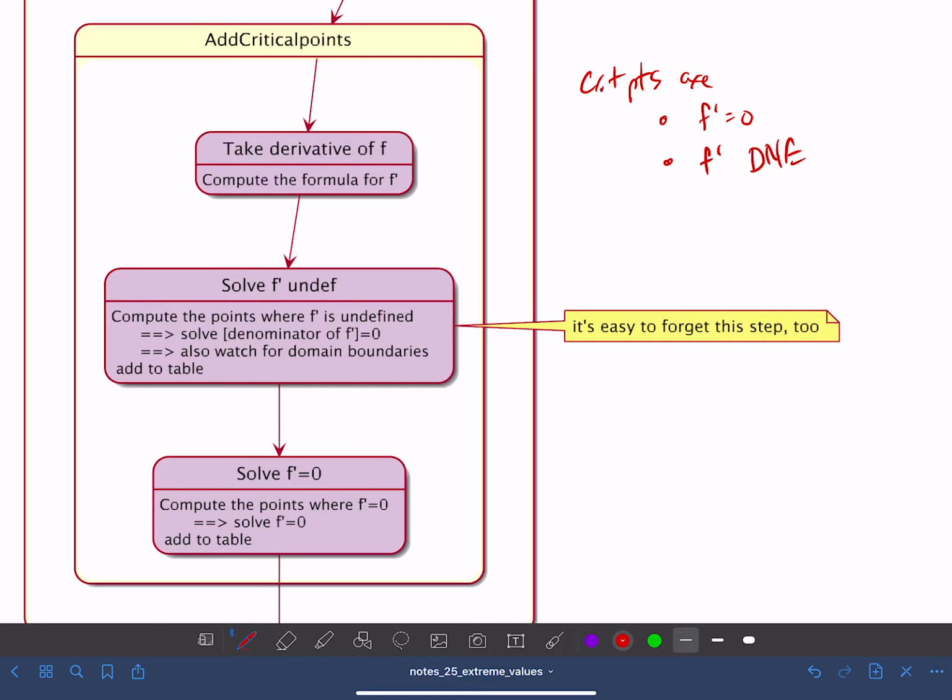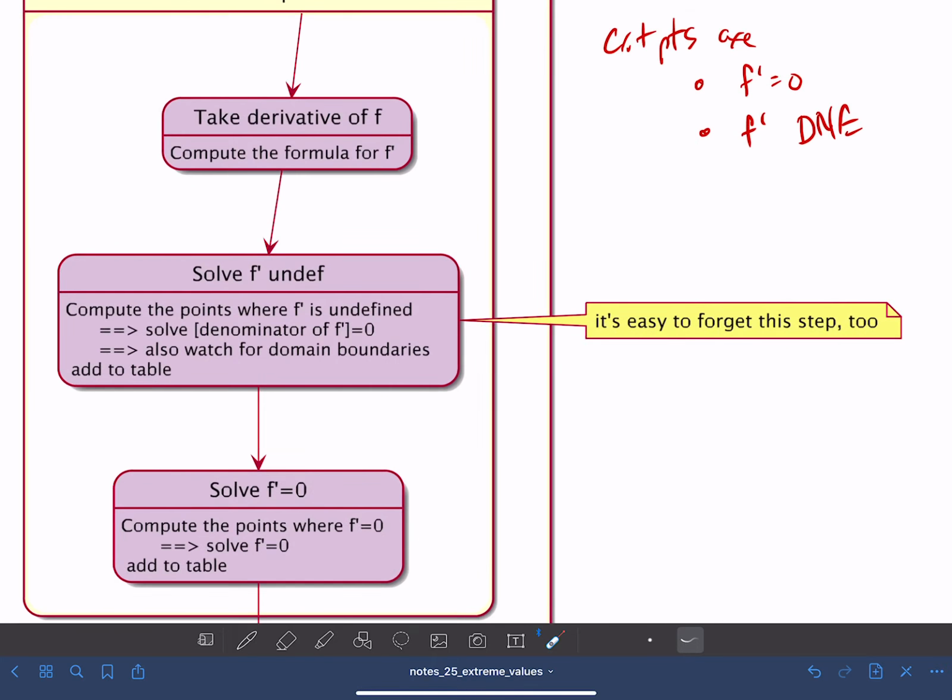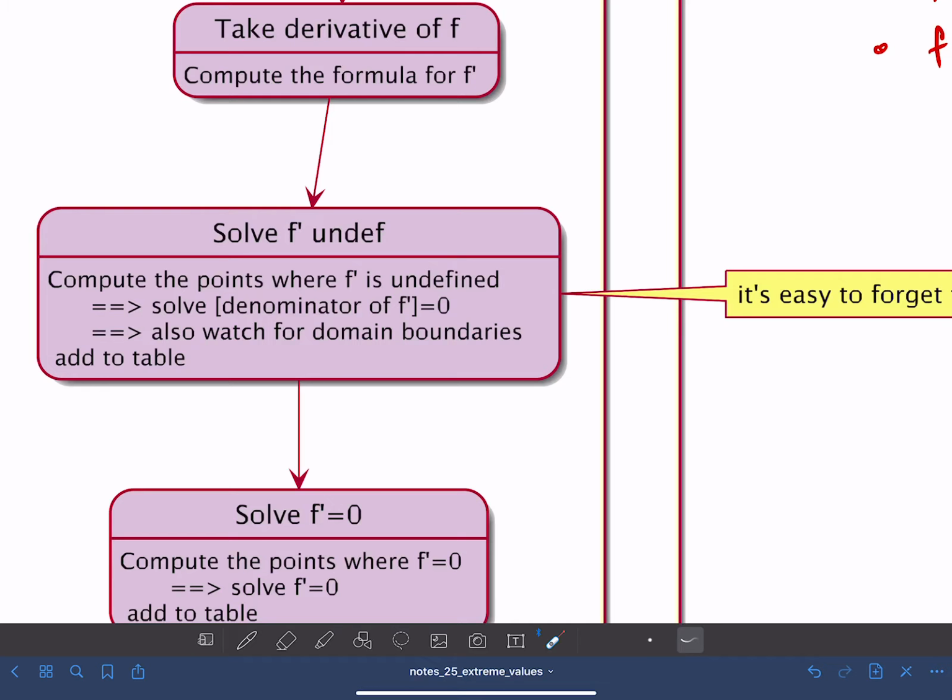So the first step that we're going to do when we are doing the critical points is we're going to take the derivative of f. We're going to find f prime. And then I like to do this one first. I like to solve where f prime is undefined first of these 2 steps because it's easy to forget it also. And so we're going to compute the points where f prime is undefined. There are a couple of ways this is going to happen.